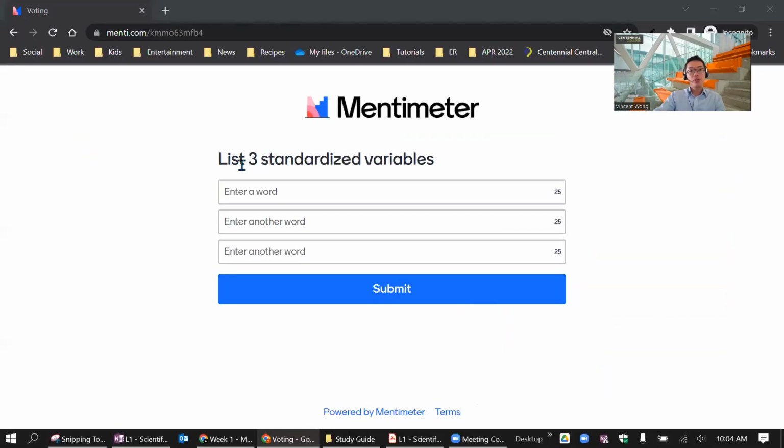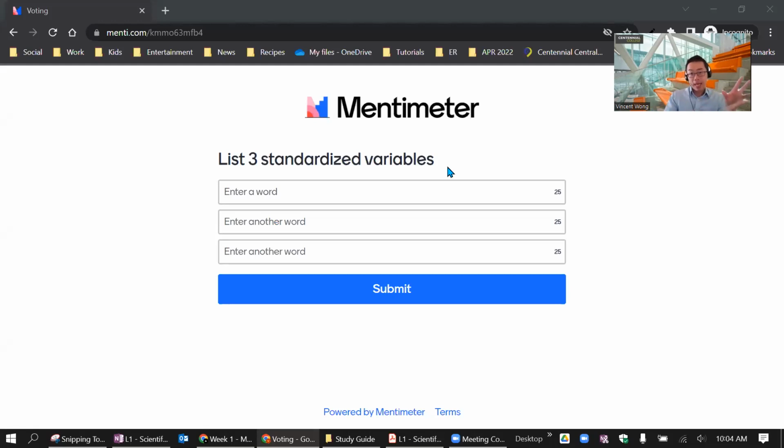Okay, so I want you to list 3 standardized variables that we should have for this cow experiment that we're talking about. Remember, we're trying to see if high protein diet would change the milk yield.